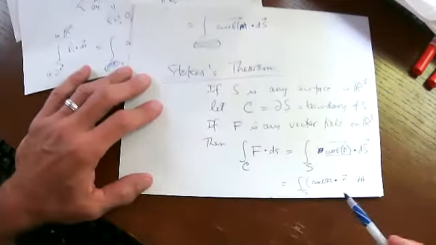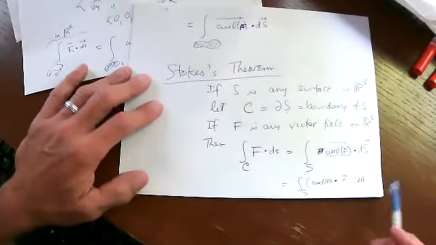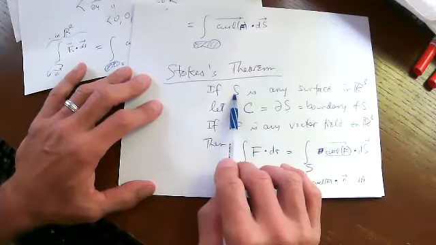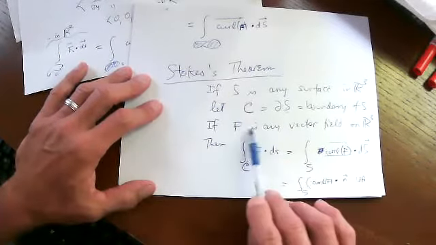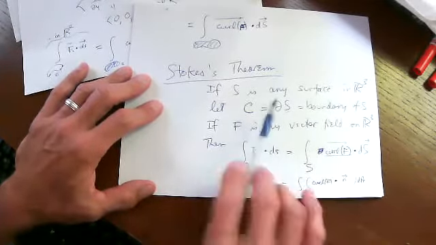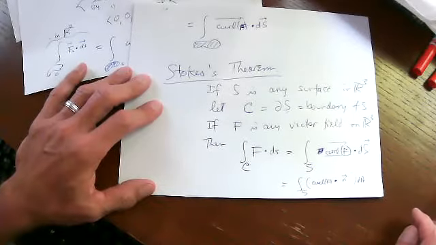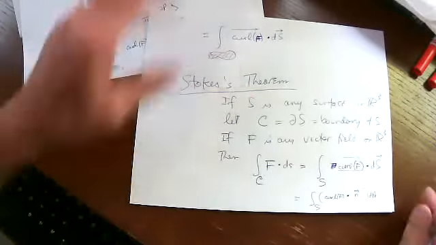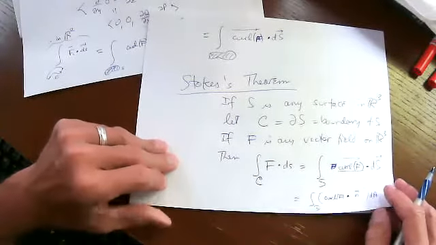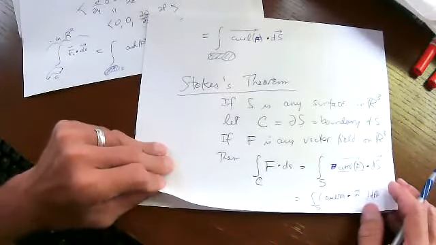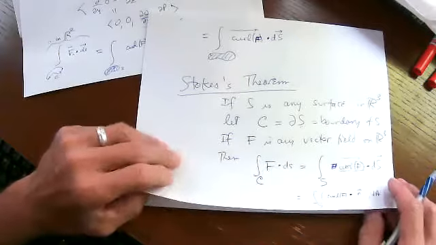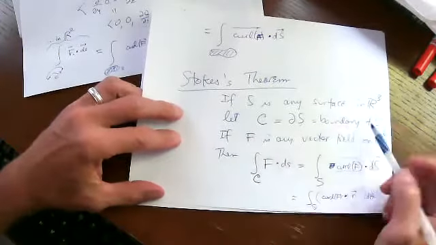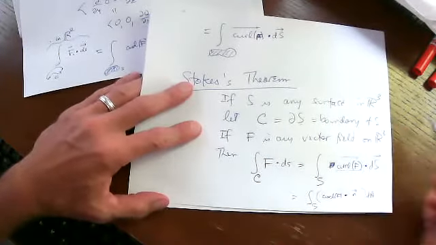So Stokes' theorem includes Green's theorem as a special case. It's the special case where the surface is flat on the bottom and where the vector field is just pointing along the XY plane. So that's what I was doing on the previous page, was to show you that this thing contains Green's theorem. Green's theorem is a special case of Stokes' theorem. But it is more general. This covers all kinds of surfaces that float around in three-dimensional space.